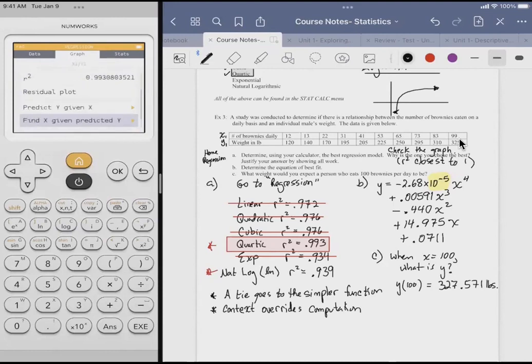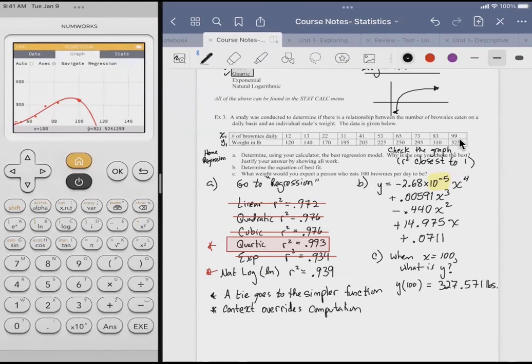Then it has options to predict Y given X, or find X given a predicted Y. So what we just did in part C was predicting a Y given an X. If I hit OK on that, I could just type in the number that I want and hit confirm, and it'll give us something a little bit more precise.